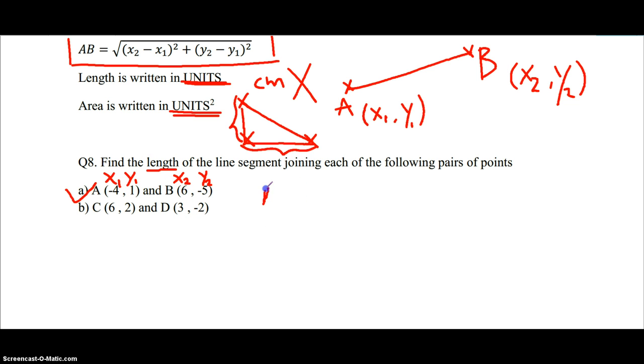So the length of AB will be equal to the square root of (x2, which is 6, minus 4) squared. Do you see this?